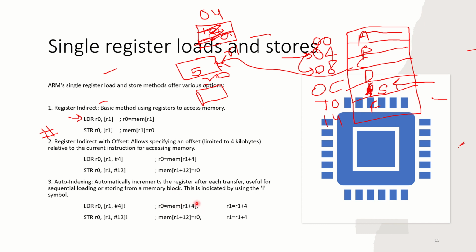Up to this it is similar, but one more thing happens: the R1 value is updated by 4. Don't confuse, because we have given an immediate value, R1 is always going to be updated by 4, since adding 4 gives the next memory location.